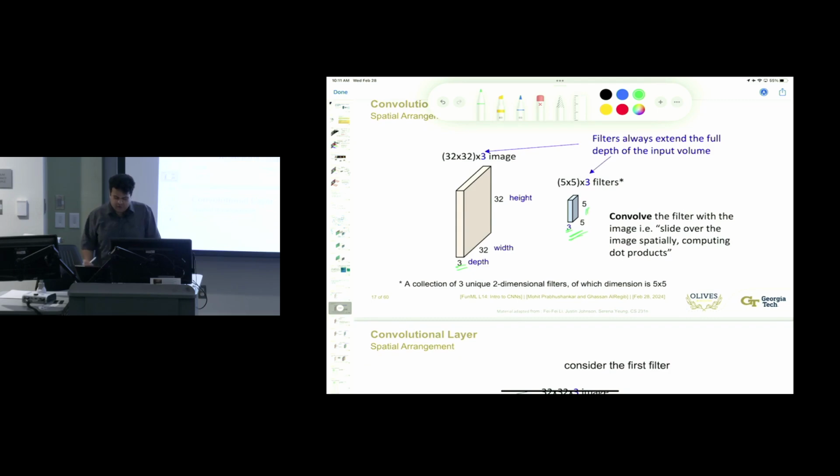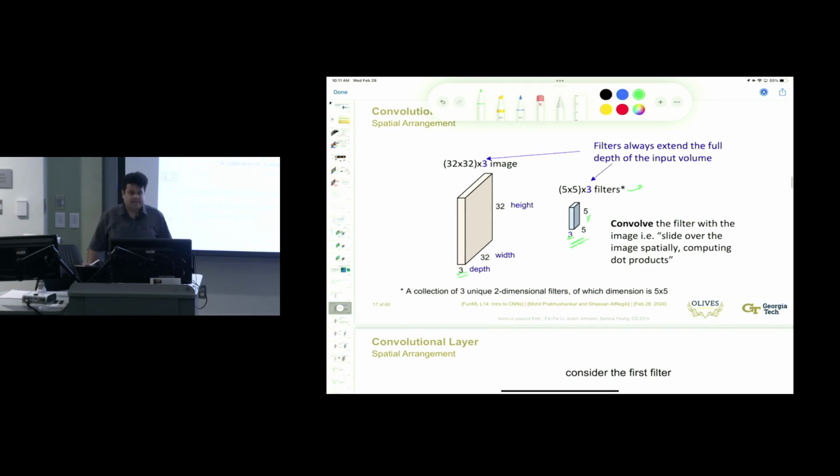So it's a collection of 3 unique 2-dimensional filters of dimension 5 cross 5. There are 2 ways to look at this 5 cross 5 cross 3. You can think of it as a 3D volume, or more importantly, the way we usually look at this is that it's 3 unique 2-dimensional filters of 5 cross 5. The reason is that whenever we say a 3D CNN, we are discussing it from a video perspective.